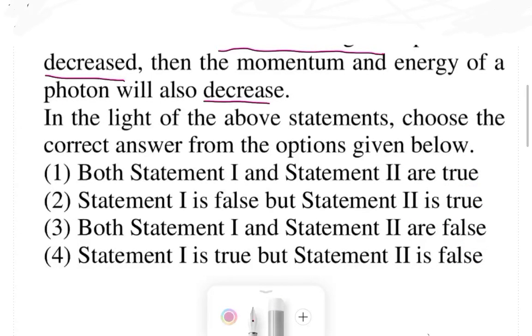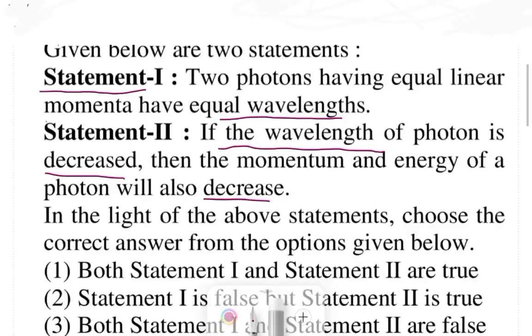Then we have to see, if we merely know the formula, we can solve this question very easily. These are the statements, but based on the simple formula related to photons.